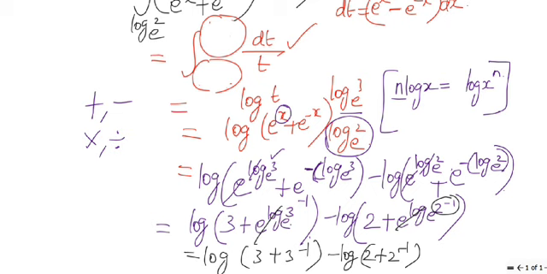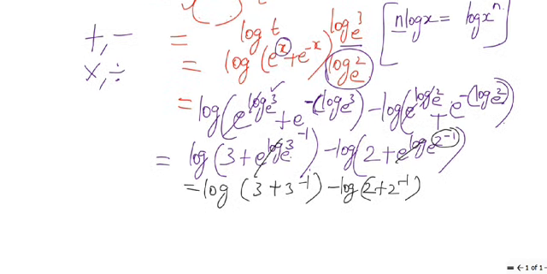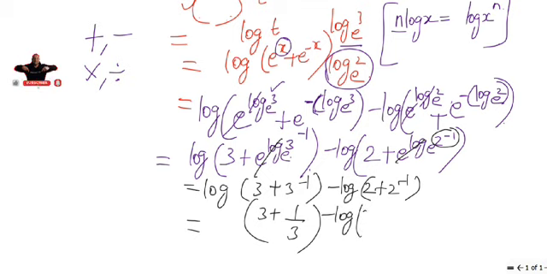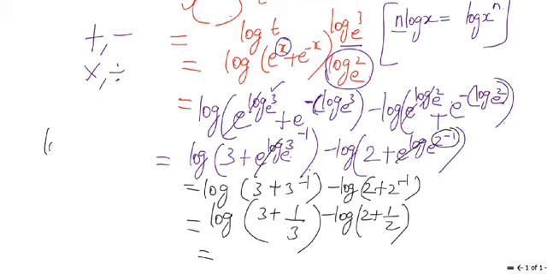Now the thing is that here we have 3 to the power of minus 1. 3 to the power of minus 1 can be written as 1 over 3. And this is 3 plus 1 over 3. Here, 2 plus 1 over 2. Now we can take LCM. Along with this, we can use our logarithmic rule, that log of a over b can be written as log a minus log b.